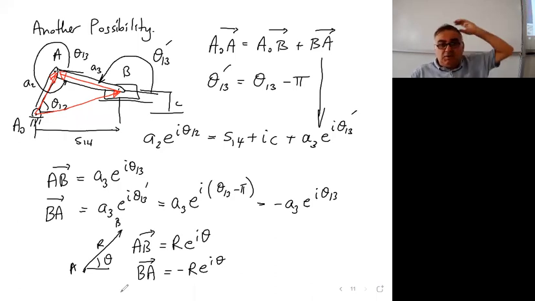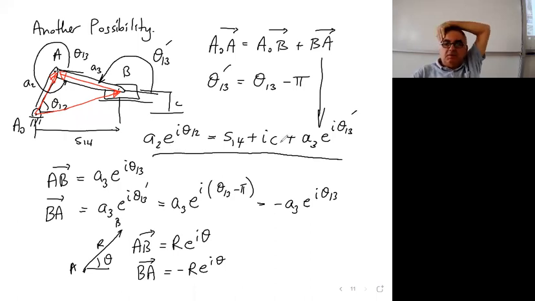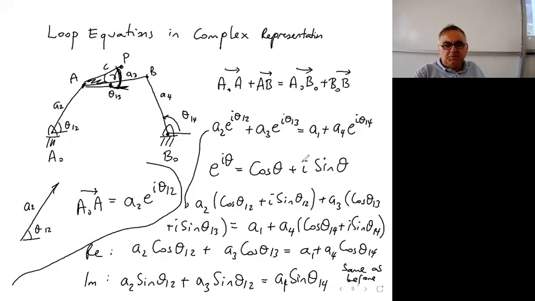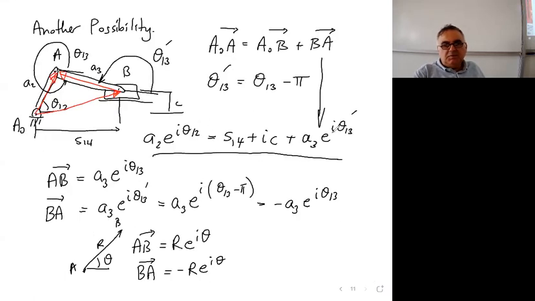And, well, these are equivalent, by the way. This equation and the equation I have written in the previous page, which is this one, okay? They are equivalent equations. Only thing is the variables might be a little bit different. You know, I might be using theta 1, 3, or instead I might be using theta 1, 3 prime, but they are the same equation. And their solutions would be the same.